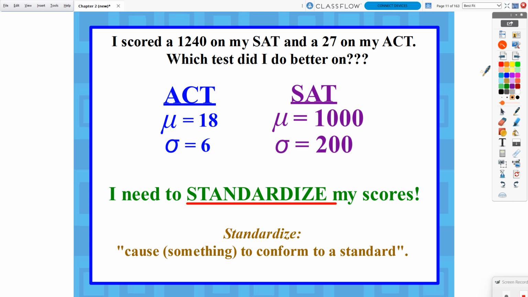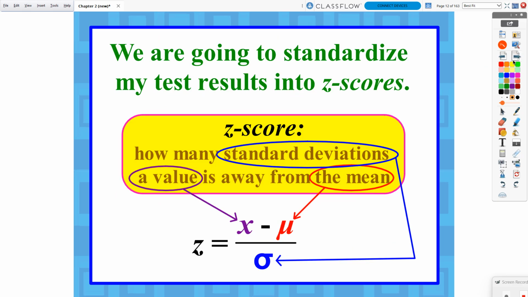But if I want to compare apples to apples, I need to do a process called standardizing. So I'm going to standardize my ACT score, and I'm going to standardize my SAT score so that I can actually compare them to each other. We're going to calculate what's called a z-score.